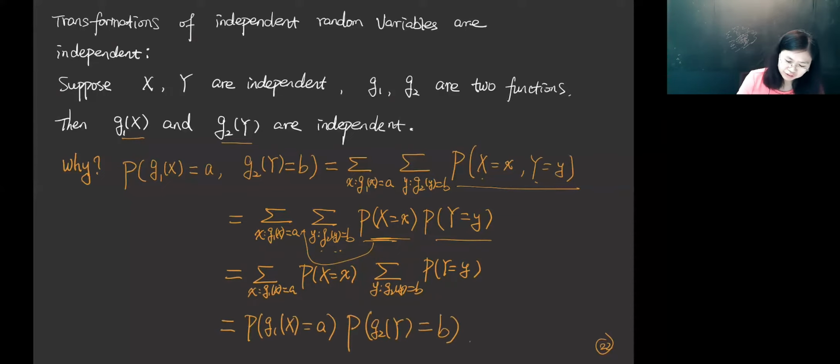And this derivation doesn't depend on the values of a and b, so it holds for any possible values that g1 of x and g2 of y can take. Therefore, this shows g1 of x and g2 of y are statistically independent.